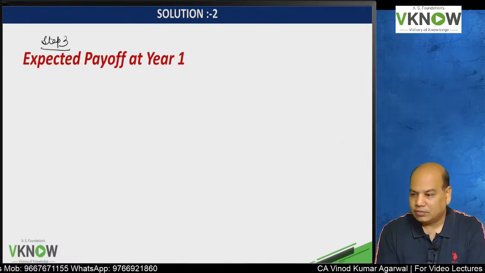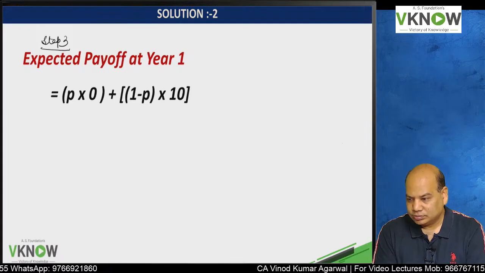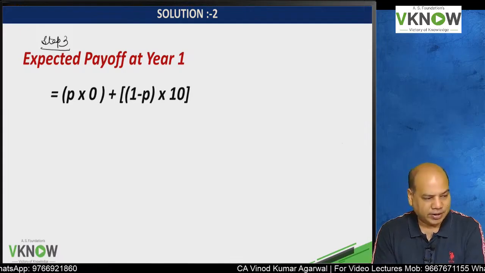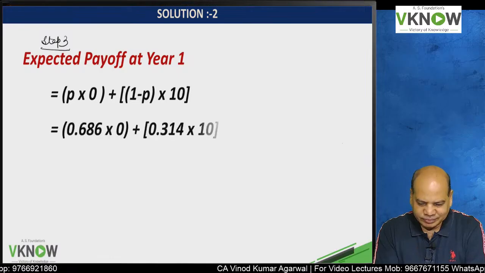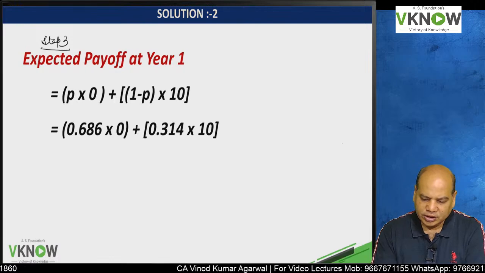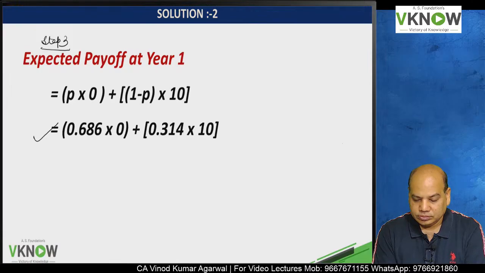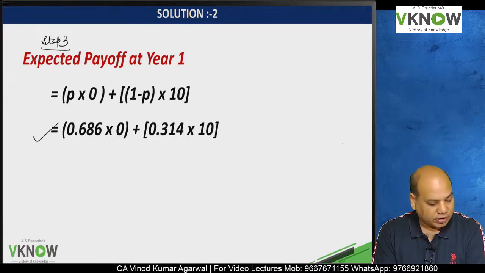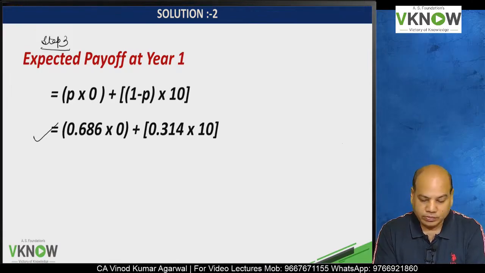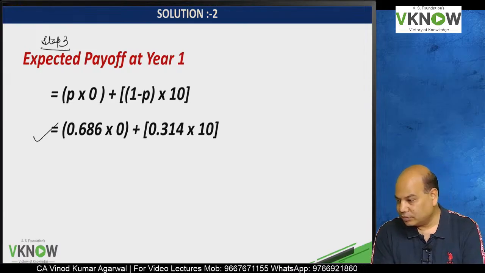Expected payoff at year 1 is equal to P into 0 plus 1 minus P into 10. Or you can directly write 0.686 into 0, because if the market is favorable, value of put option is 0. If market is sluggish, the value of put option is 10. Multiply by the probability.